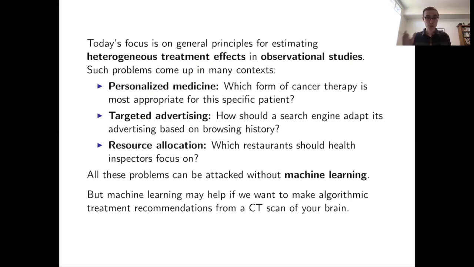All right, so as is the theme of this class, today I'm going to focus on machine learning-based methods for treatment heterogeneity. Something I just want to emphasize before going there, though, is that there's a lot of discussion these days about machine learning-based methods for treatment heterogeneity, but this doesn't mean that you have to use machine learning-based methods to do so.